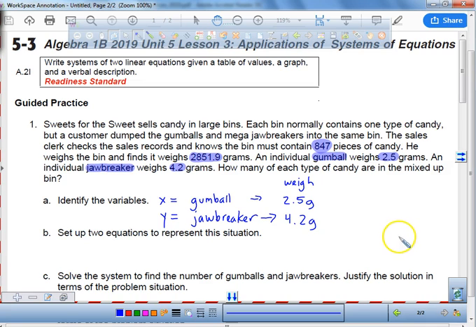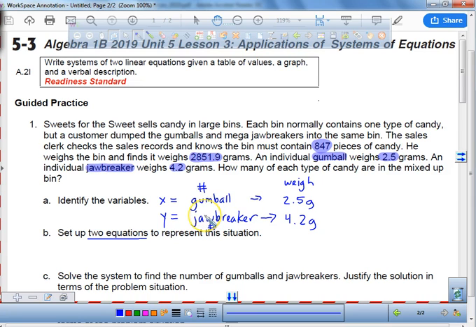Now we're going to take this information and set it up. We're going to set up two equations, not one equation. Just remember, x represents the number of gumballs, and y represents the number of jawbreakers. Now, do we know the total number of gumballs and jawbreakers, like how many total of them are in the bin?